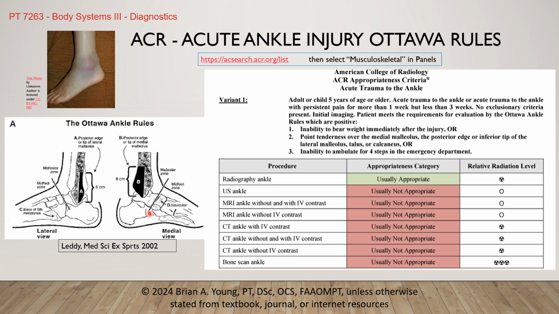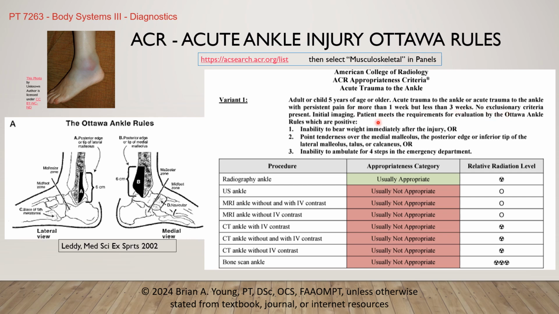So we have some criteria already, but what's the first imaging that we want to take? Well, there are several options in this imaging table, and even within this table it talks about our variants. Variant 1 is an adult or child 5 years of age or older, acute trauma to the ankle with persistent pain for more than a week but less than 3. So you notice it's acute right away, or they've had this persistent pain. So they give you two variations within this variant.